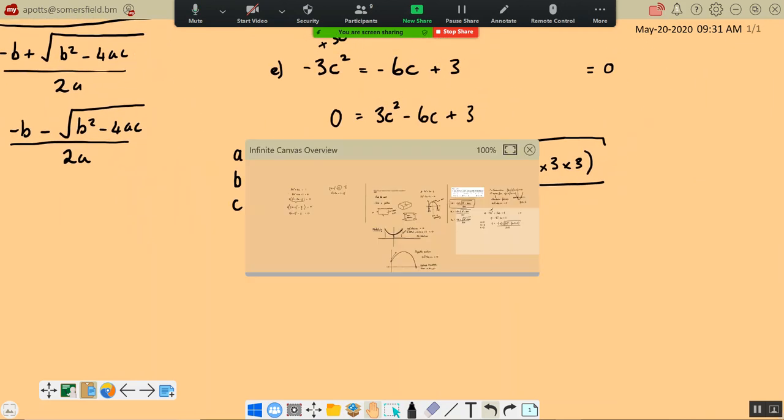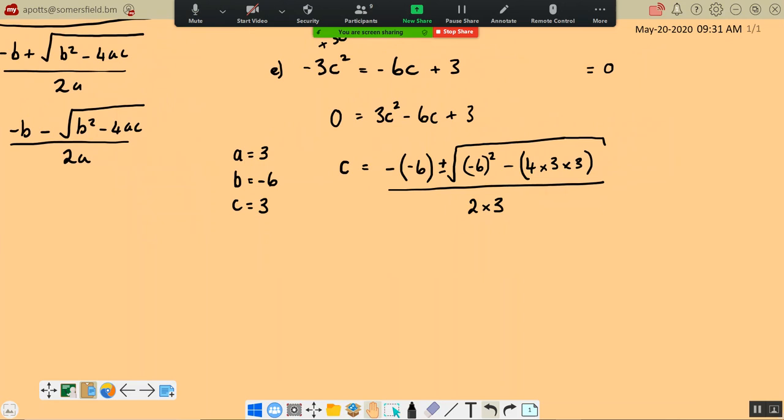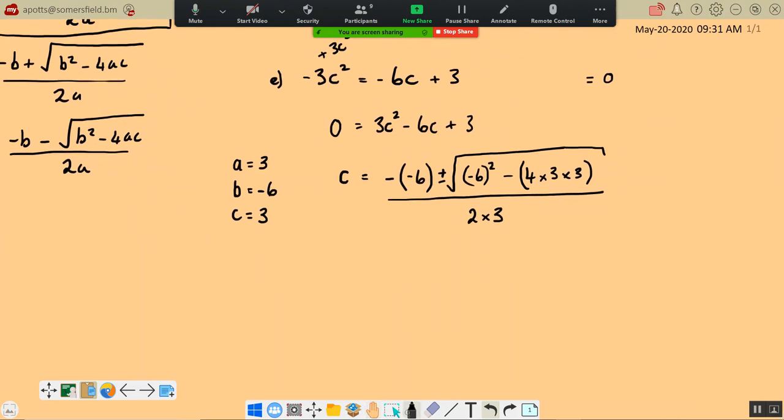Simplify it down, okay? So we've got c equals, what's negative negative 6? 6. Plus and minus the square root of, well, I've got 36. By the way, not negative 36, which some of you will put when you work this out, because you'll put it into your calculator incorrectly and get negative 36.